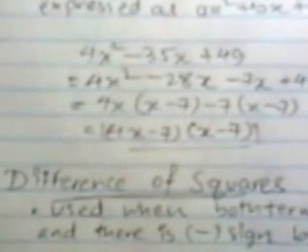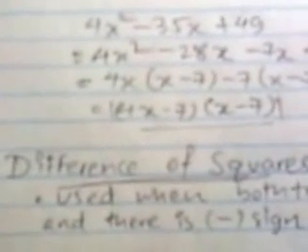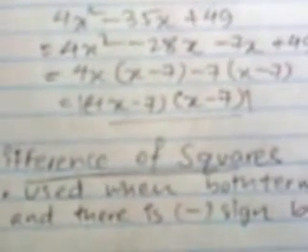Instead of just looking at our c value, we have to find 2 numbers which, when added together, evaluate to negative 35, that is the b, and which when multiplied, these 2 numbers have to equal AC, which is the product of a and c.